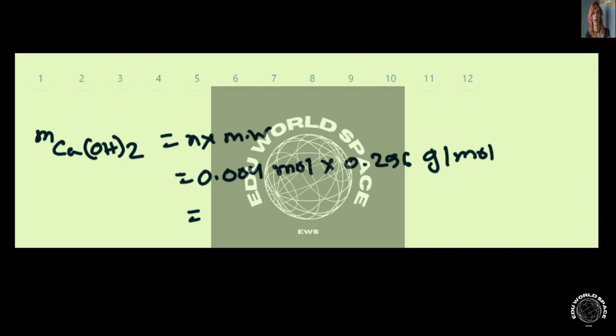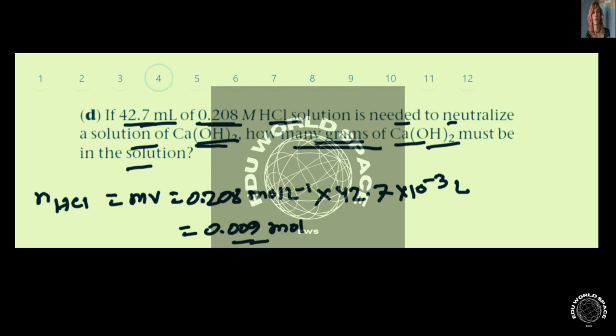And this will give us a value of 0.296 gram. So this is the mass of calcium hydroxide which must be in the solution.